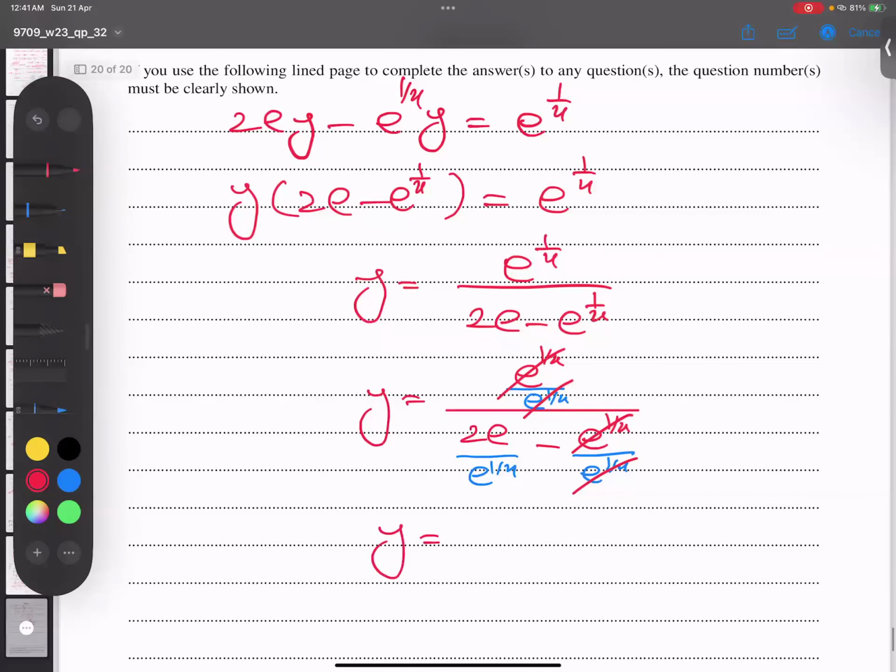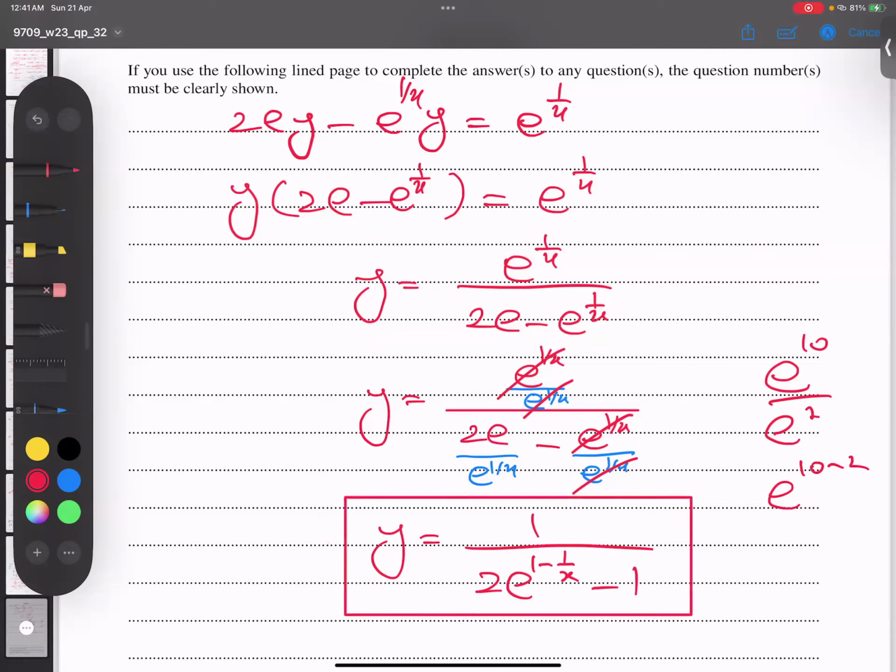So we got 1 on top, and in the denominator, e to power 1 by x over e to power 1 by x is e to power 1 minus 1 by x. So same story here: e to power 1 over 2, so I get 2e to the power 1 minus 1 over x, minus 1. So Alhamdulillah Rabbil Alameen, I believe you got the point. This is the maximum simplification available and we have done it.